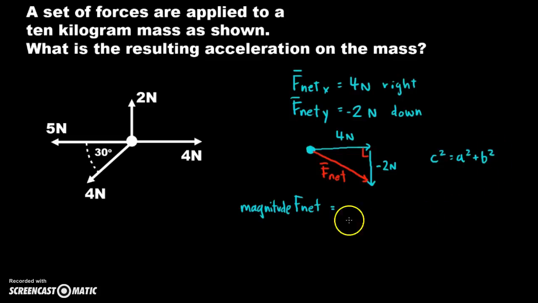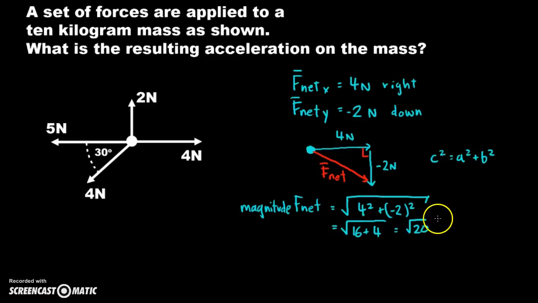That's all I'm doing. So the net force would be the square root of 4 squared plus negative 2 squared. So that would be the square root of 16 plus 4, which is nothing more than the square root of 20. What is that? The square root of 20 is roughly 4.47 newtons.